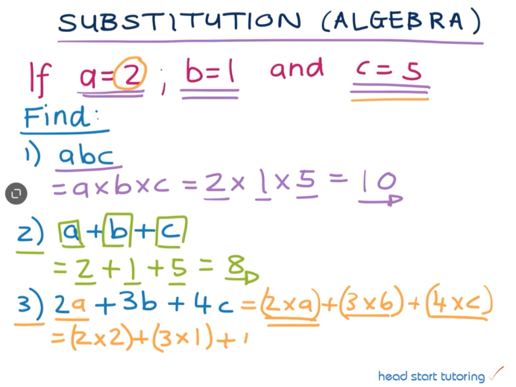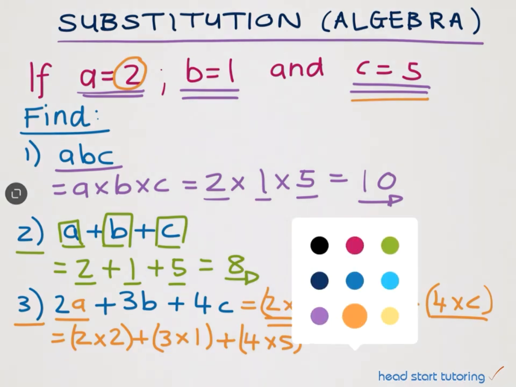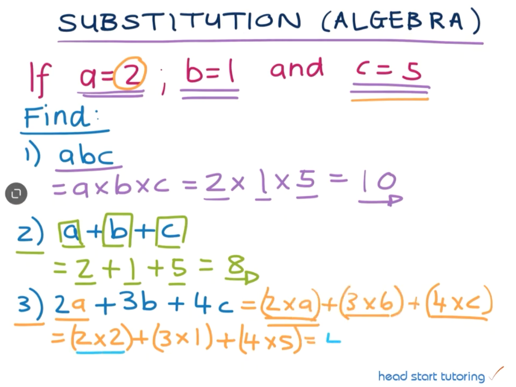And we're plussing that. Right, now we just need to work out the values of each of these. So we've got 2 times 2 is 4, plus 3 times 1 is 3, plus 4 times 5 is 20. So we end up with 4 plus 3 is 7, 7 plus 20 is 27.